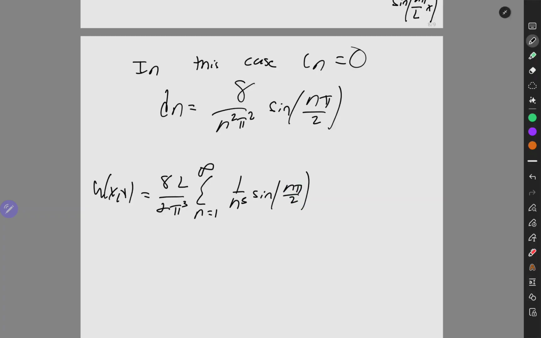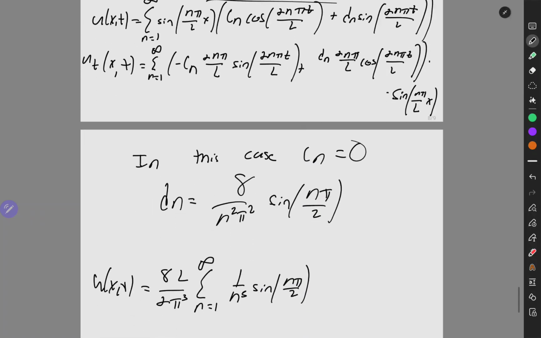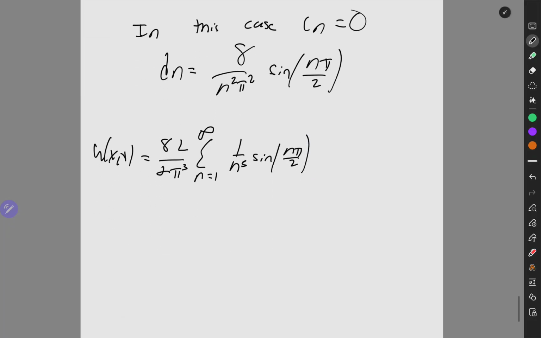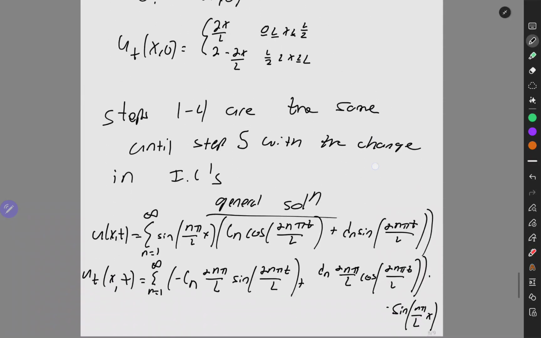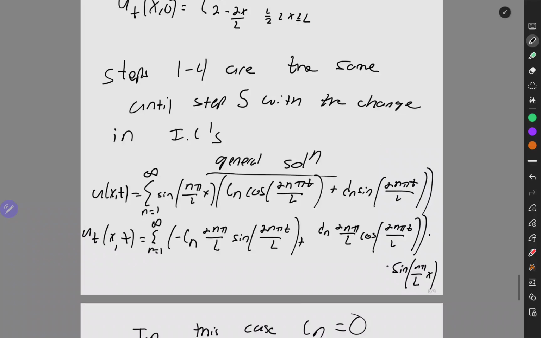That's that right there. Is that cubed? Why is that cubed? It's alpha n pi over L. Did I write it down wrong? No, I did not write it wrong.